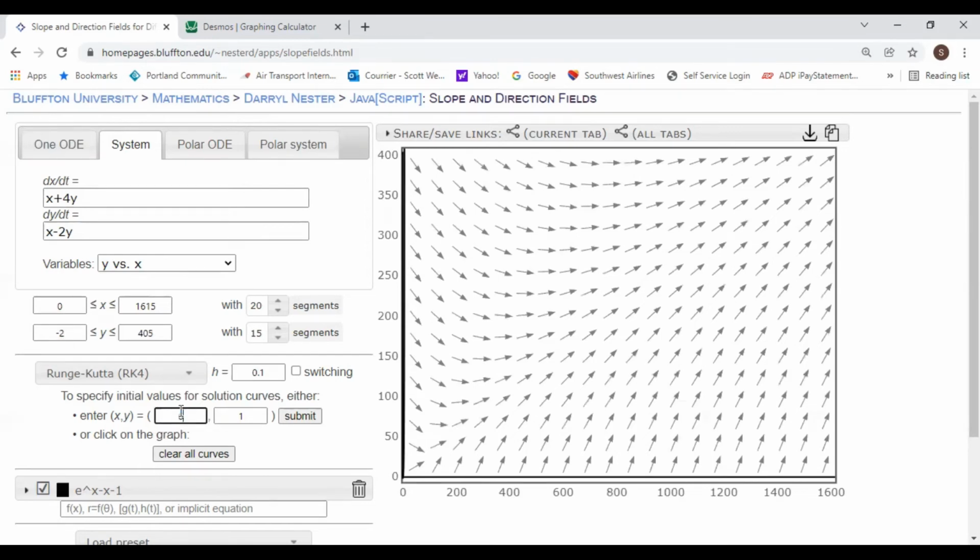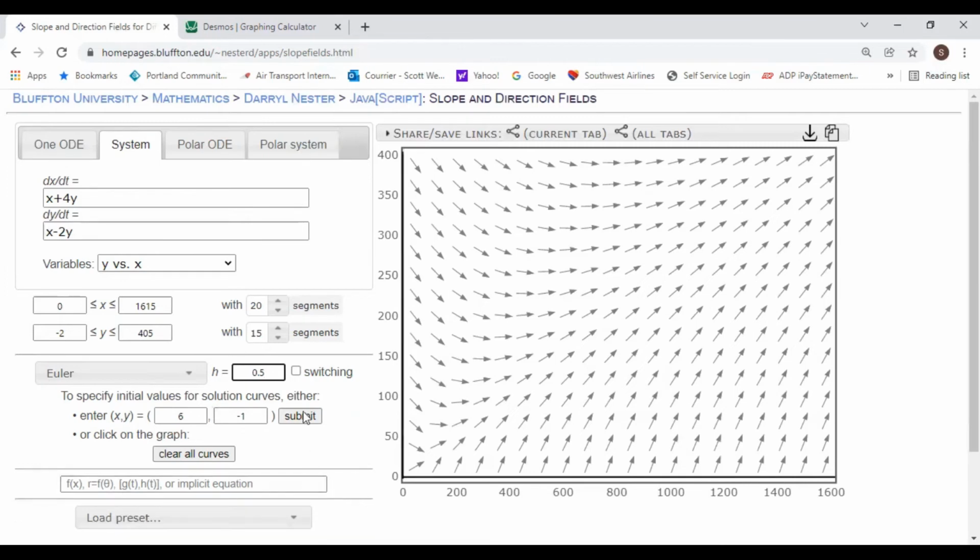And now we'll have 6 and -1. Okay. We want it to be Euler, and we want it to be 0.5. And by the way, we don't care about this old song and dance anymore. This was just on there by default. All right, so then we'll hit submit and see what we get.